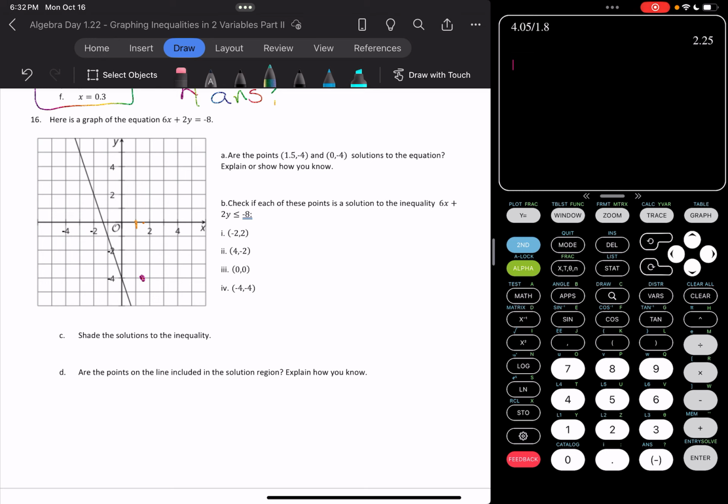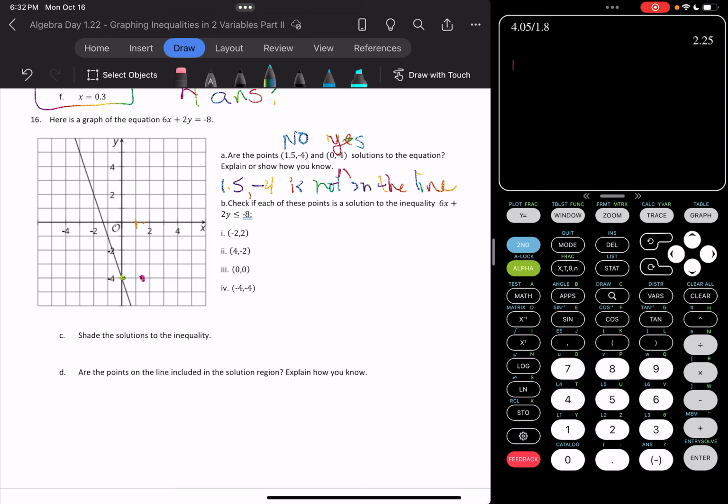So that is not a solution. So this is no. And then 0, comma, negative 4 is here. So that's yes, right? So 1.5, comma, negative 4 is not on the line. But 0, comma, negative 4 is on the line.